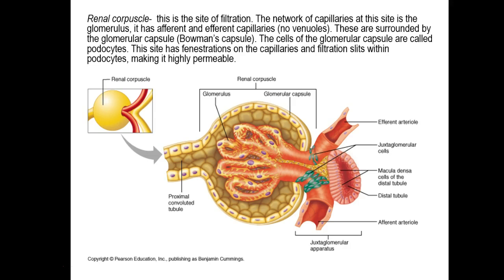Then you actually have specialized cells around those fenestrated capillaries. We call them podocytes, and they have slits within them. We have a nice image coming up which might help you out with that.